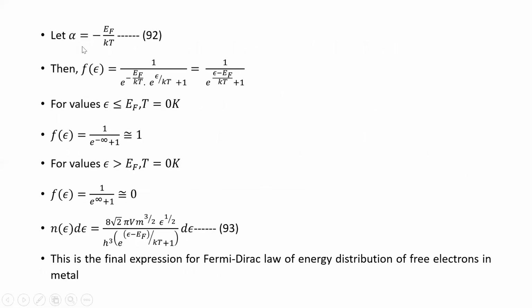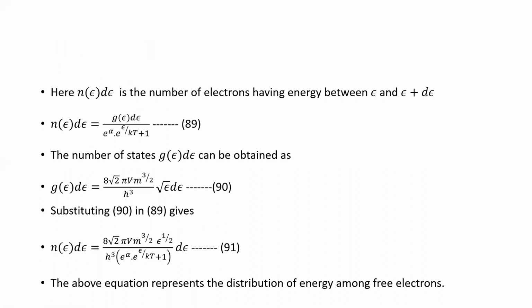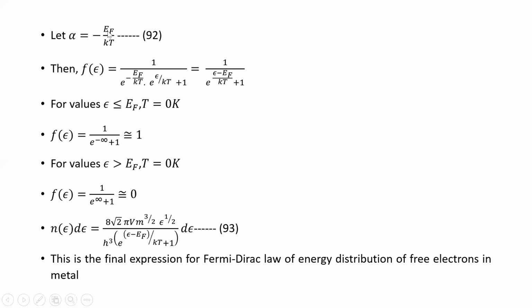Let us now substitute alpha is equal to minus EF by KT in our expression for the Fermi-Dirac distribution. Here, one constant alpha is there. This is the Fermi-Dirac distribution, and we now substitute alpha is equal to minus EF by KT.